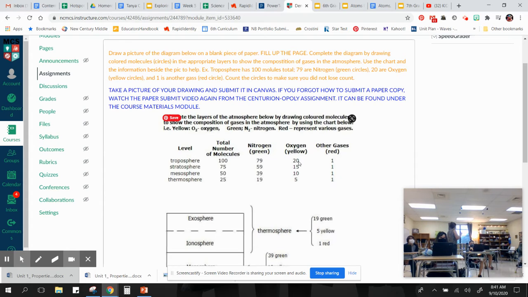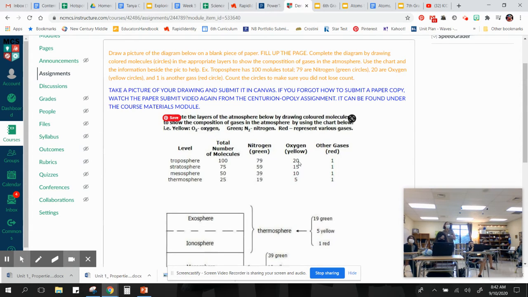Okay, so you are going to do that for each of those layers shown on a piece of paper. Make your circles kind of small to begin with so you can fit them all in, because 100 circles is going to be really tough to fit in. 75 even. 50 and 25 might be a little bit easier. Okay. So this is your first assignment.